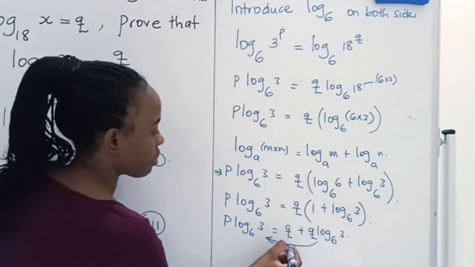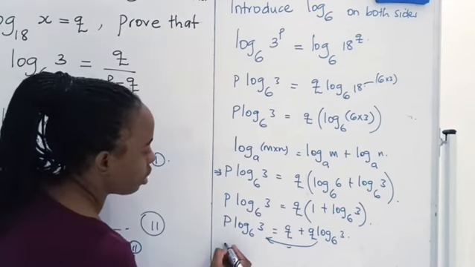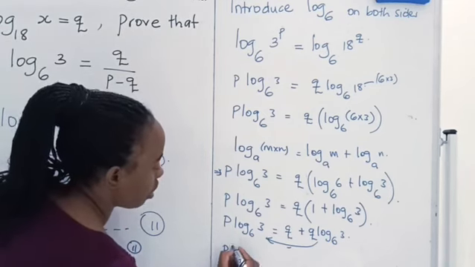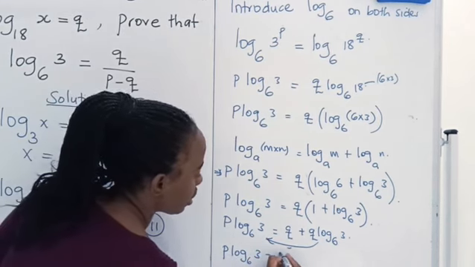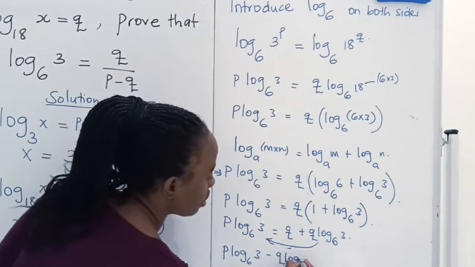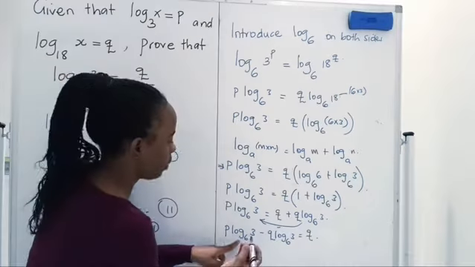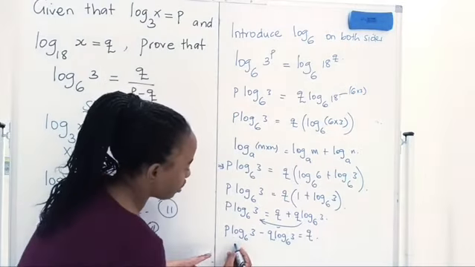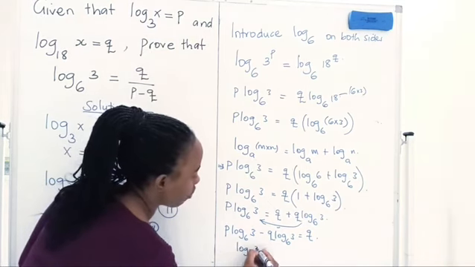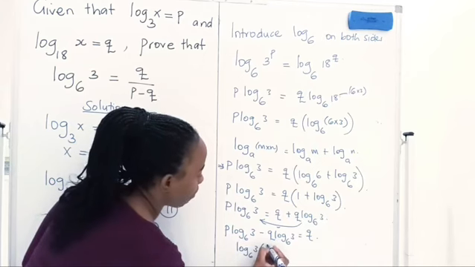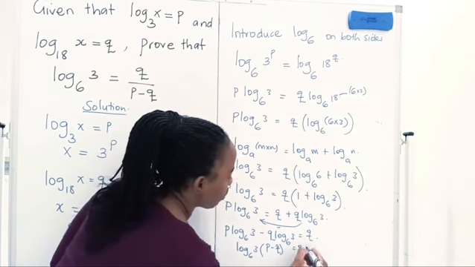Collect like terms, it will come this side as a negative. p log 6 of 3 minus q log 6 of 3 is equal to q. This is common, I'm going to put it out. Log 6 of 3 into p minus q is equal to q.